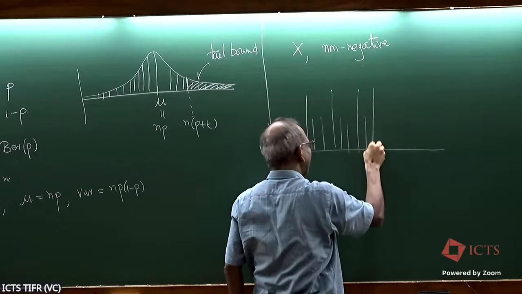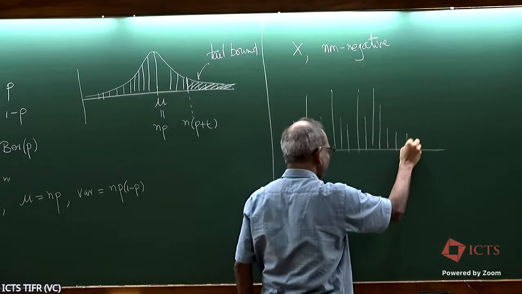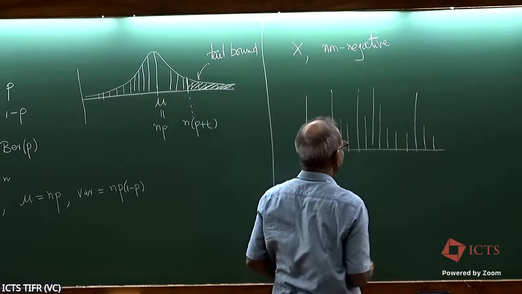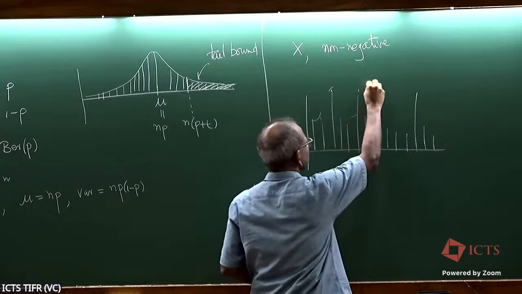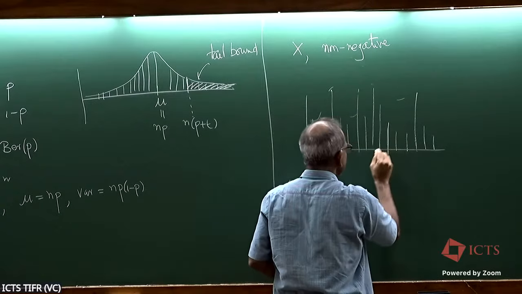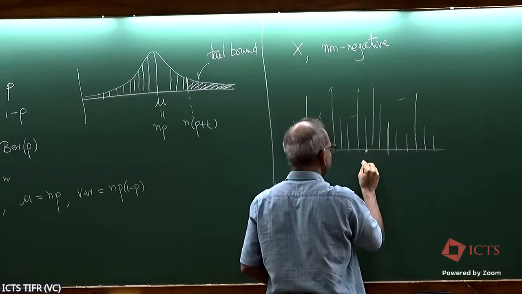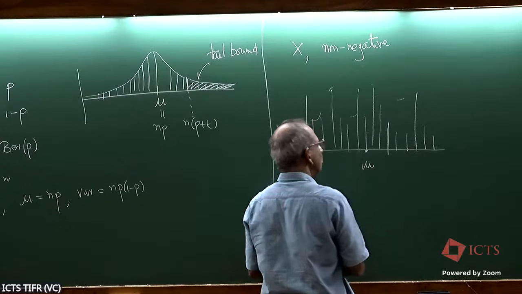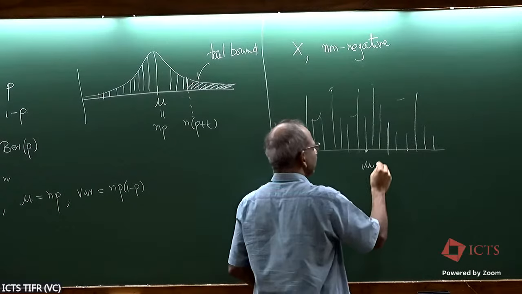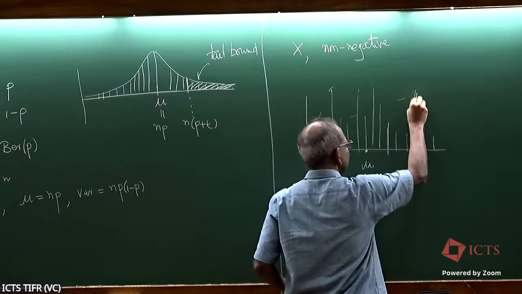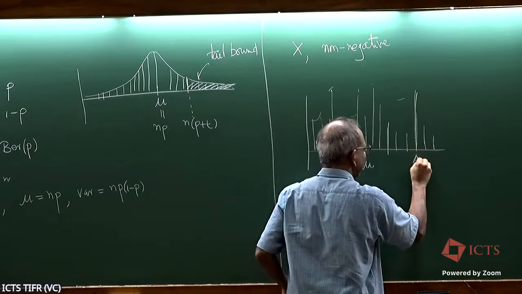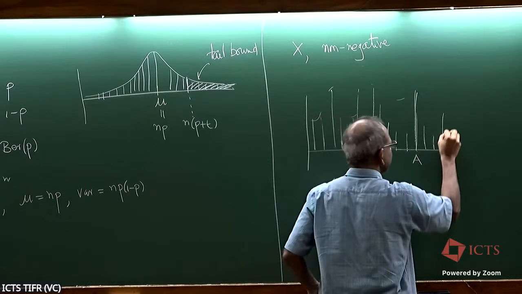What I'm saying now is general. It's for continuous or discrete. It doesn't matter. So it has some probability, and it has some mean, mu, and this is a point A. It has some probability.